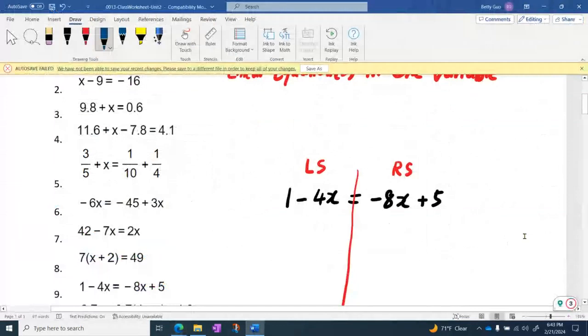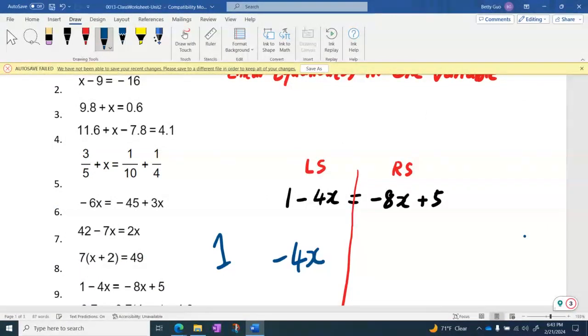Exactly. The first term is 1, a positive constant term. The second term is negative 4x, right? This is a constant term. This is a variable term. The variable term has coefficient negative 4.